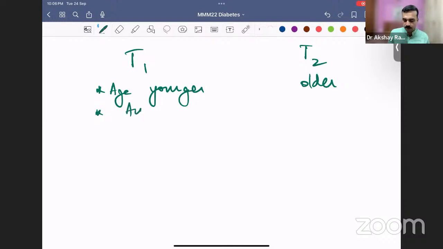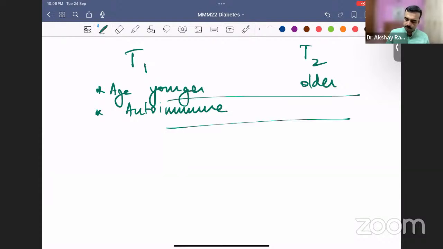Right. What are the other differences? This is autoimmune, that means there's a lot of constitutional predisposition, whereas this is more of a non-communicable disease. This is a lifestyle disorder. Okay. And in terms of symptoms, type 1 will have prominent osmotic symptoms.